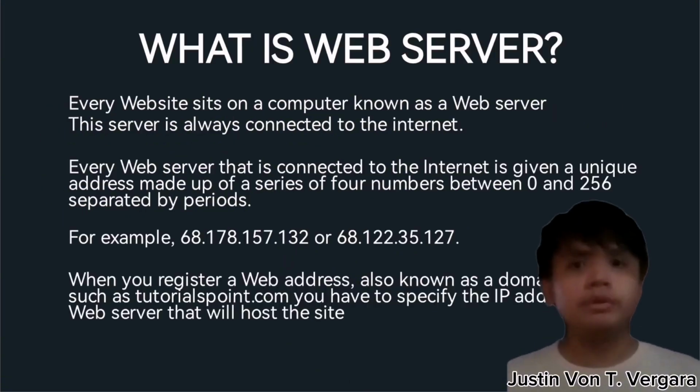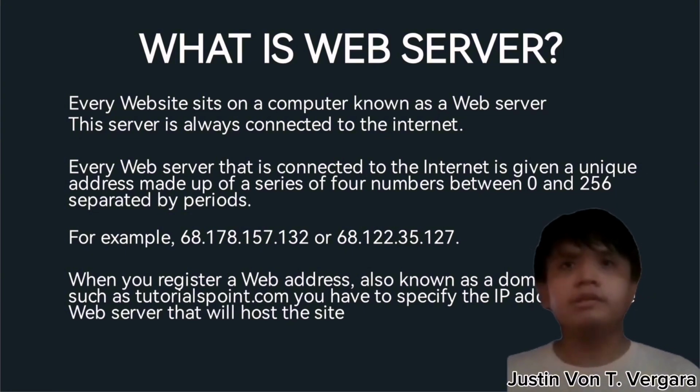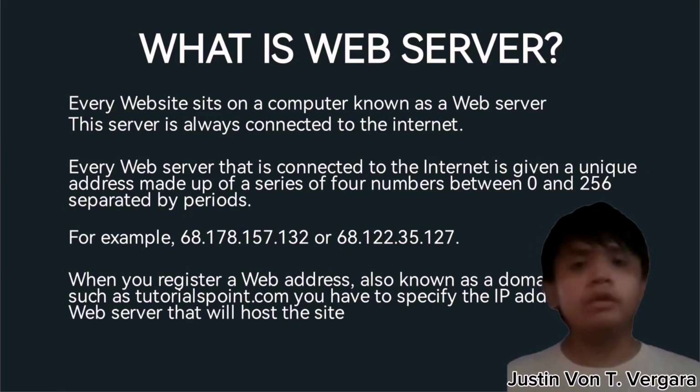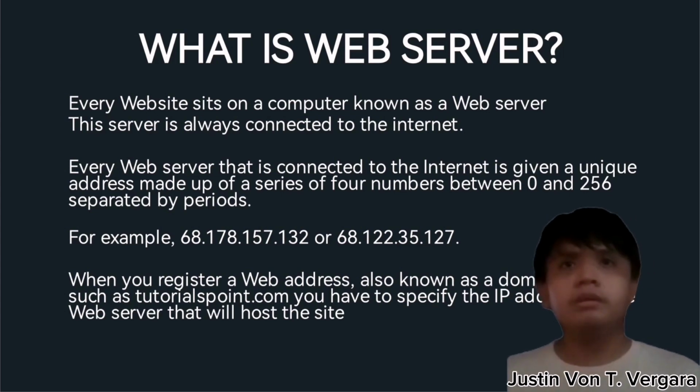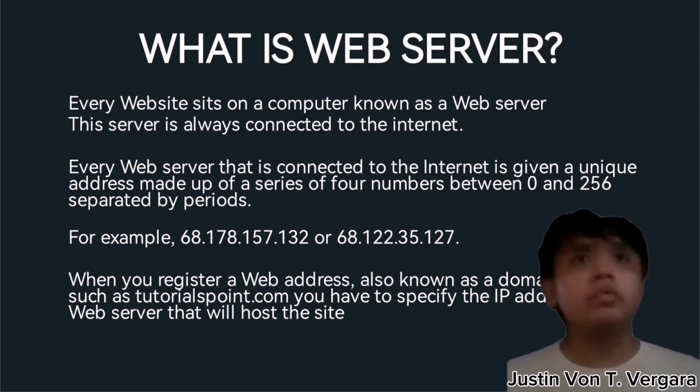Next, we will talk about the web server. Every website lives on a special computer called a web server. This computer is like a super interconnected hub. Each web server has its own unique address, which is a set of 4 numbers, kind of like a code. It is called an IP address.